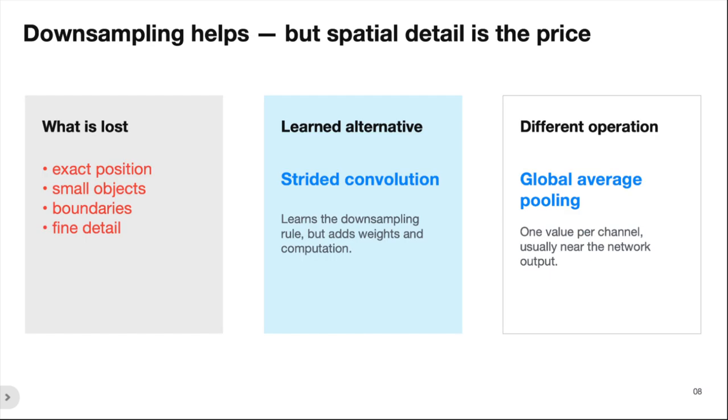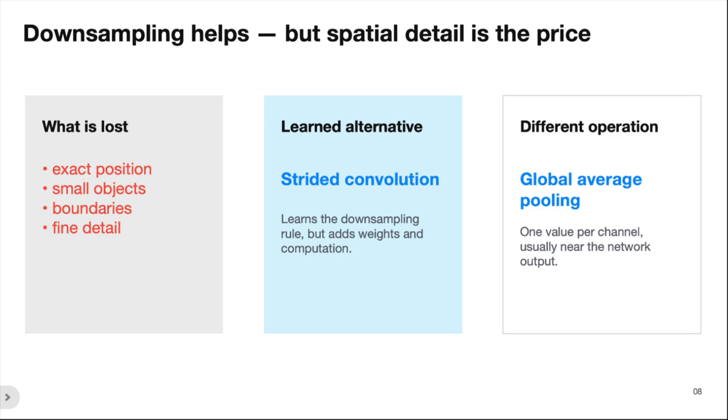Pooling also removes information. It discards the exact position of a feature inside each window, and repeated downsampling can erase small objects, boundaries, or fine spatial details.